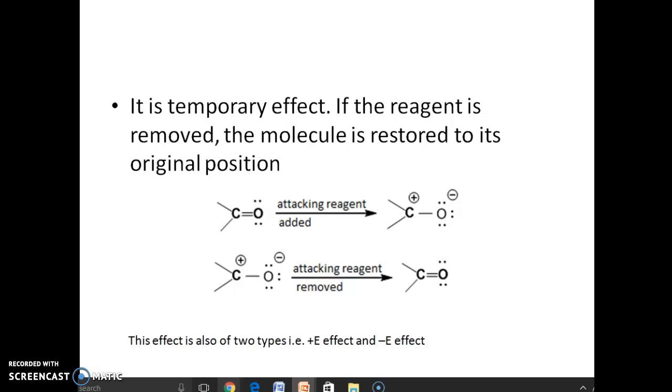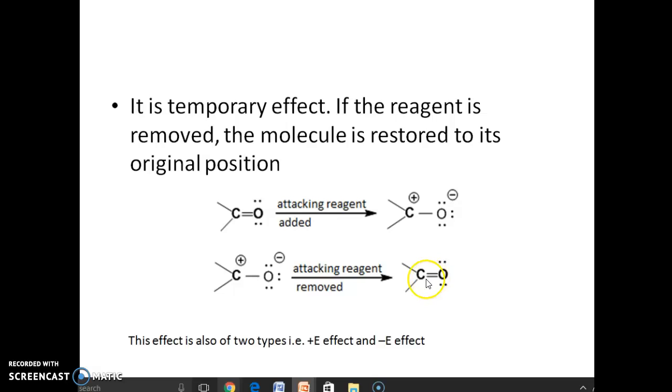If the attacking reagent is removed, the molecule restores its original position. This polarity is due to the difference in electronegativity of carbon and oxygen: carbon gets a positive charge and oxygen a negative charge when the attacking reagent is added.